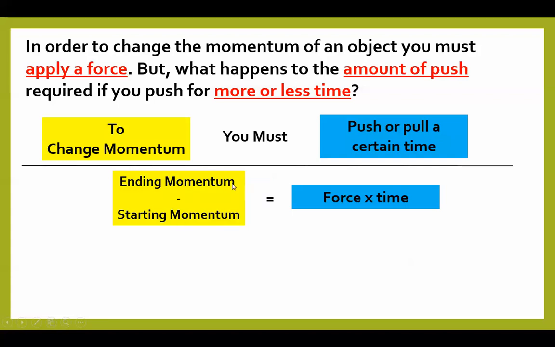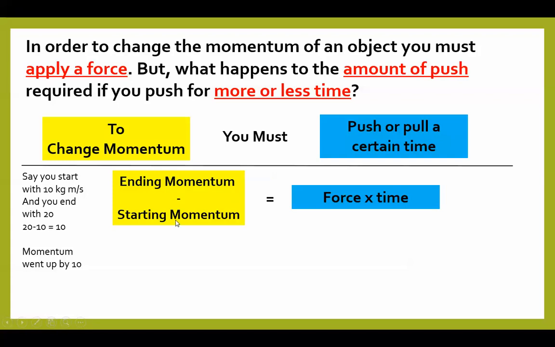To give you an example, say that you start with 10 kilogram meters per second of momentum, and then you had a push, and you end with 20 kilogram meters per second of momentum. So if you ended with 20 and started with 10, 20 minus 10, you went up 10. Your change was 10. So that's where this comes from, ending minus starting.